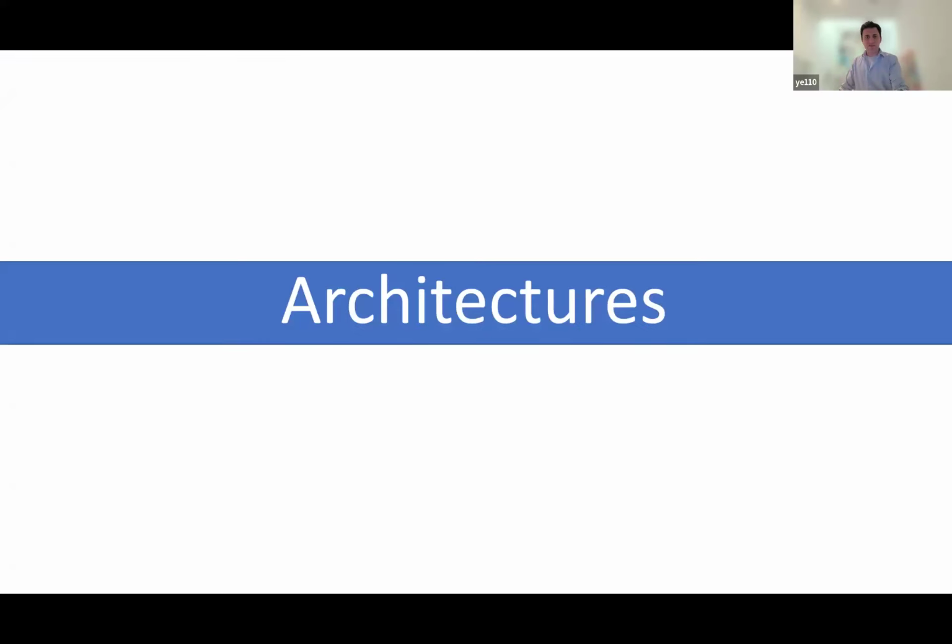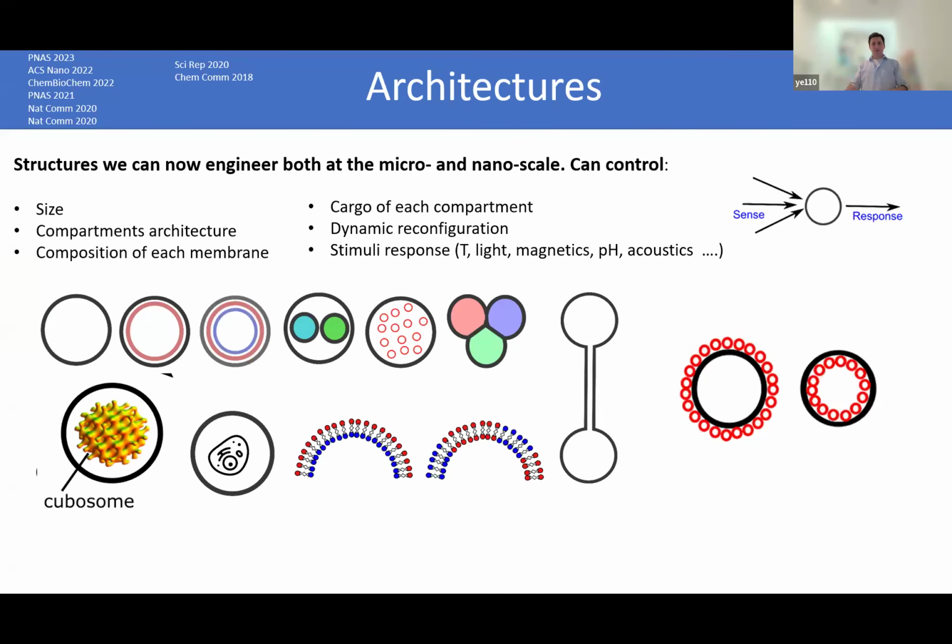Okay, so in terms of architectures, on the screen here, you'll see a whole host of different architectures that over the past 5 or 6 years, we've managed to build in the lab. Most people, when they think of synthetic cells, think about this architecture on the top left, a lipid vesicle, a single membrane structure. But we can now build multi-membrane structures, for example, a membrane within a membrane within a membrane.